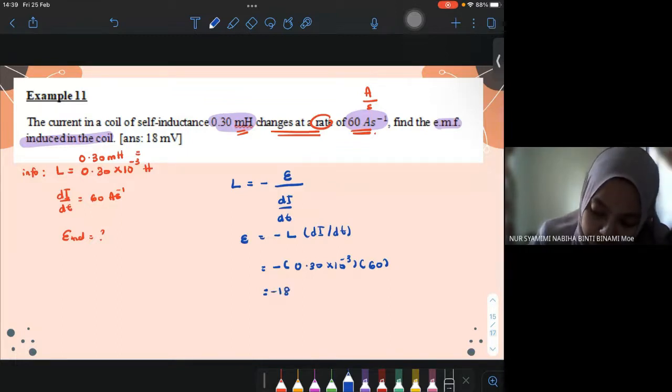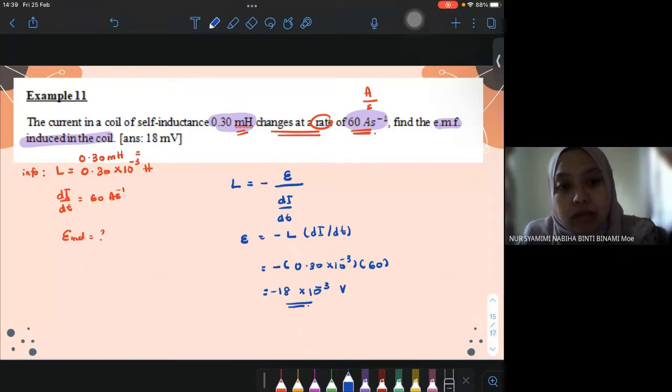Negative 18 exponent negative 3, unitnya ialah volt. Okay, so this negative sign dia hanya indicate the direction. Sebab EMF cannot be negative sebab it is a scalar. So dia sepatutnya akan jadi positif. But the negative sign hanya indicate the direction. Okay, but no worries.